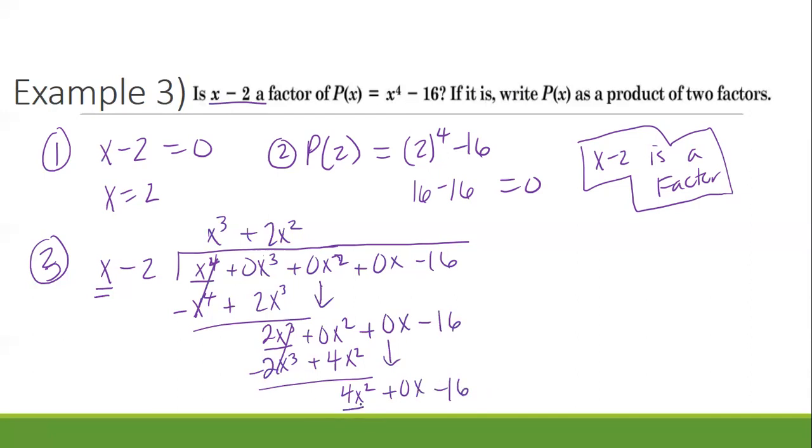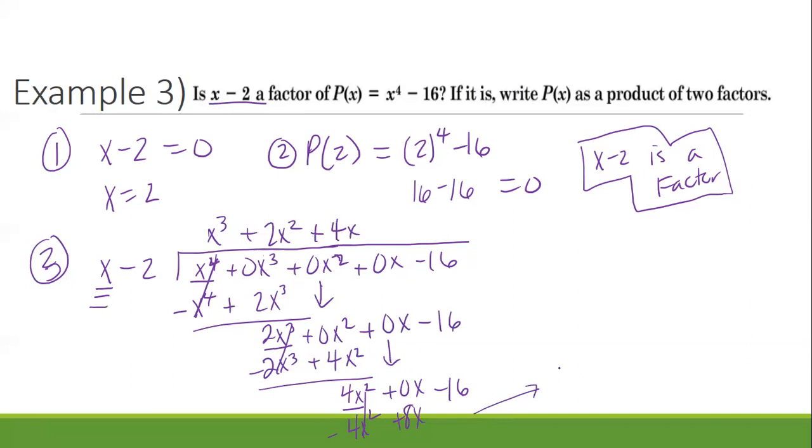And then I divide again. 4x squared divided by x is going to give me 4x. I'm going to multiply. That gives me 4x squared minus 8x. And I have run out of room to bring down, but I'm going to subtract. I'm going to have to scoot over here a little bit.